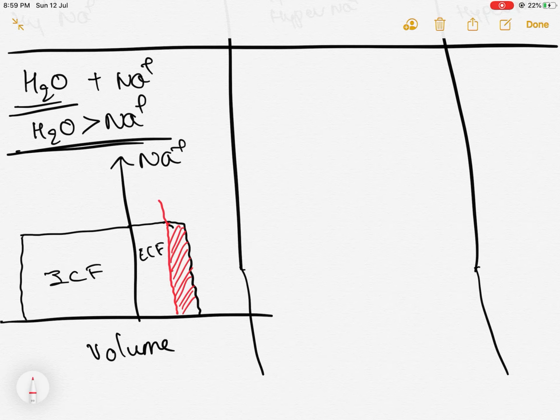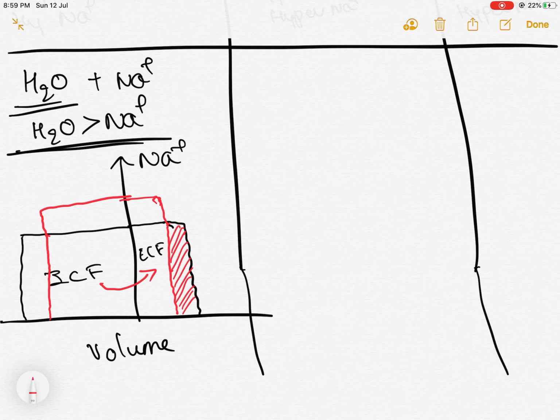What the body does in response is that, because the extracellular fluid volume is reduced, fluid from the intracellular space diffuses to the extracellular space. As a result, the volume of the intracellular compartment reduces, but the sodium concentration equalizes on both sides.